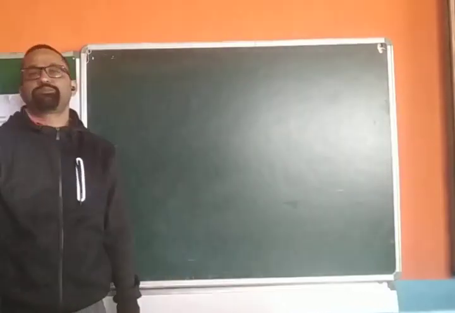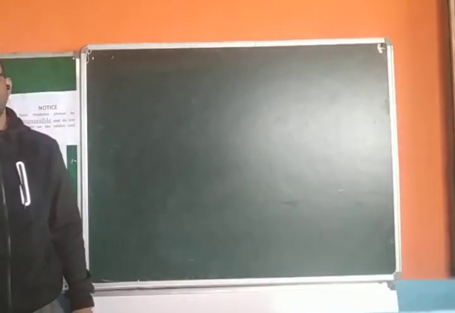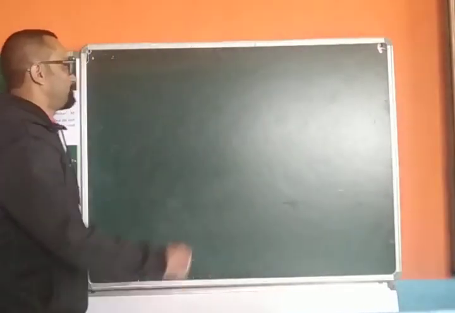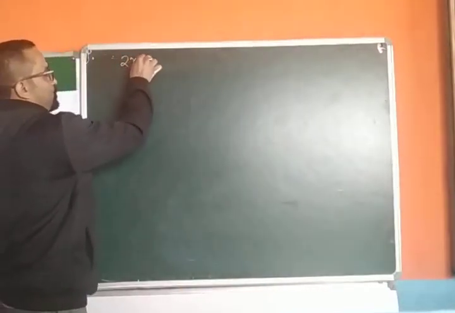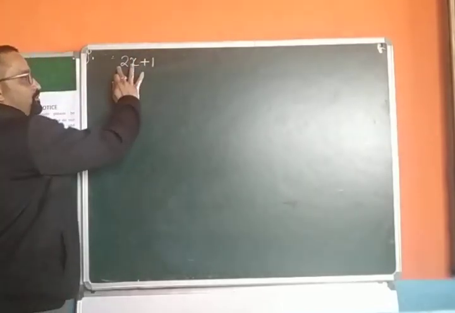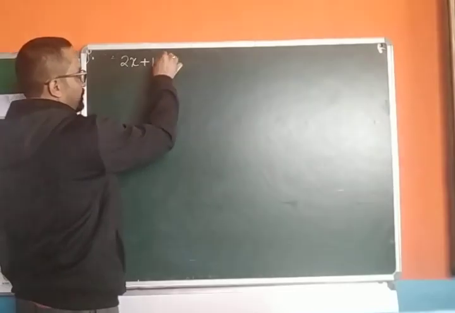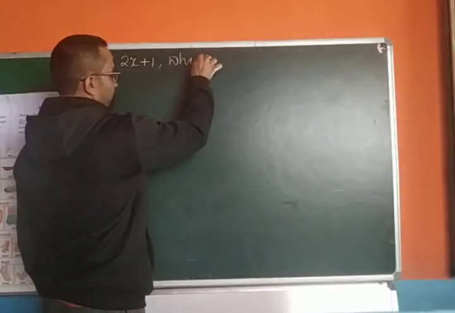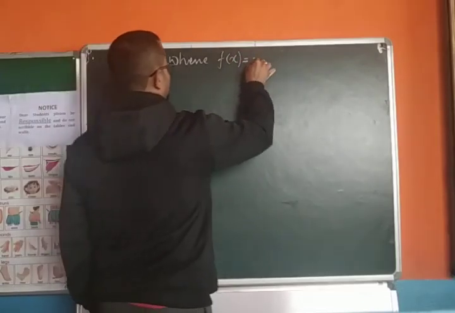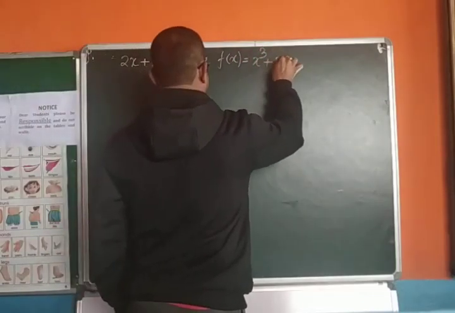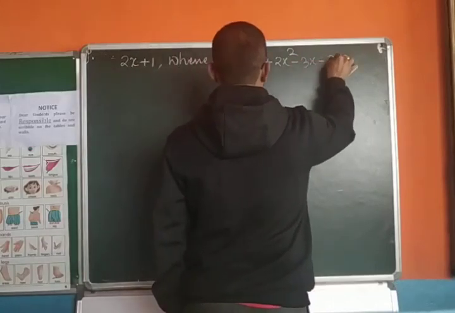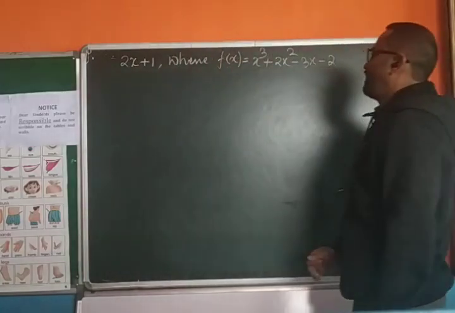Find the remainder without division on dividing f(x) by 2x plus 1, where f(x) equals x cube plus 2x squared minus 3x minus 2.